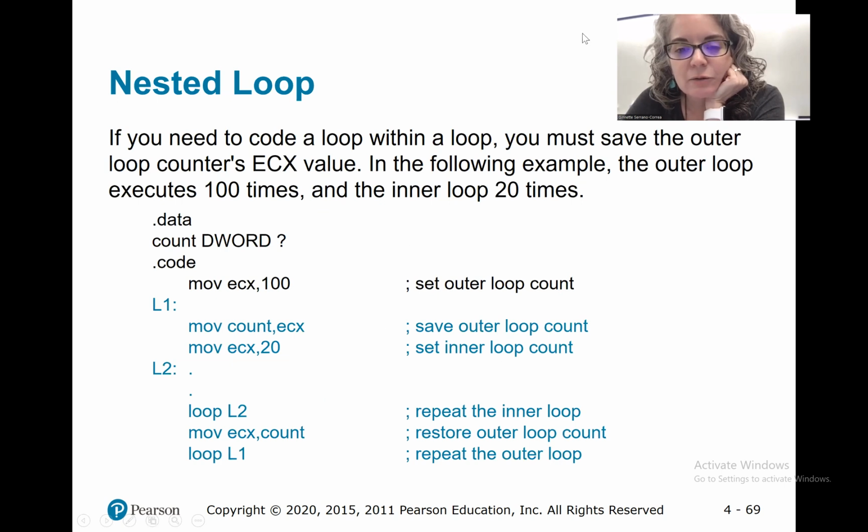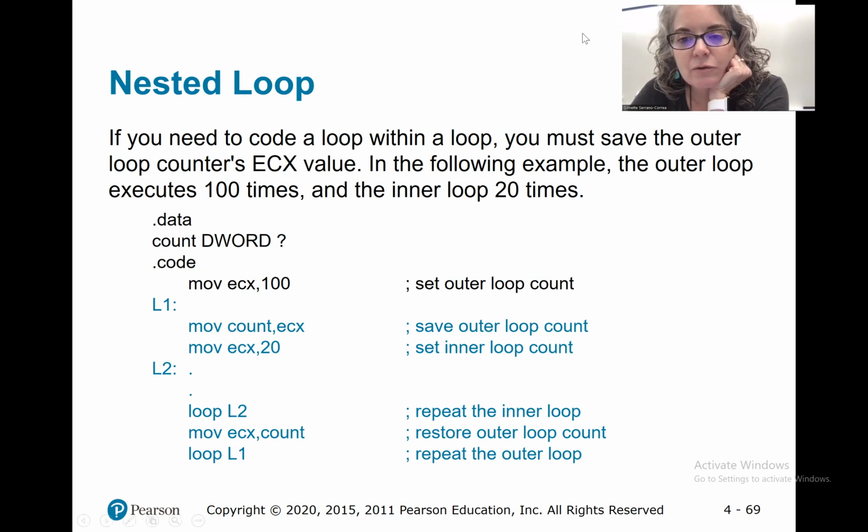Okay, nested loops. If you need to code a loop within a loop, you have to save the outer loop counter's ECX value. So let me get a pencil here to write with. All right, so we're going to start here where it says move. We're moving 100 to ECX.